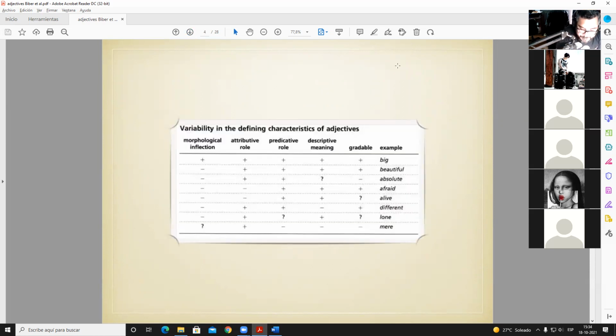Examples: big, morphological inflection. Can I say bigger? Yeah. Can I say biggest? Yeah. Can I use it attributively? Big house. Yes. Can I use it predicatively? Predicatively, like in, for example, this is big.